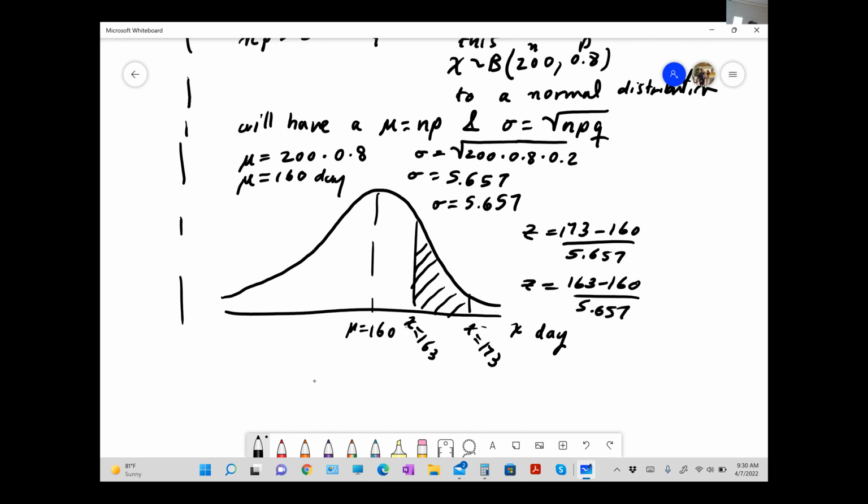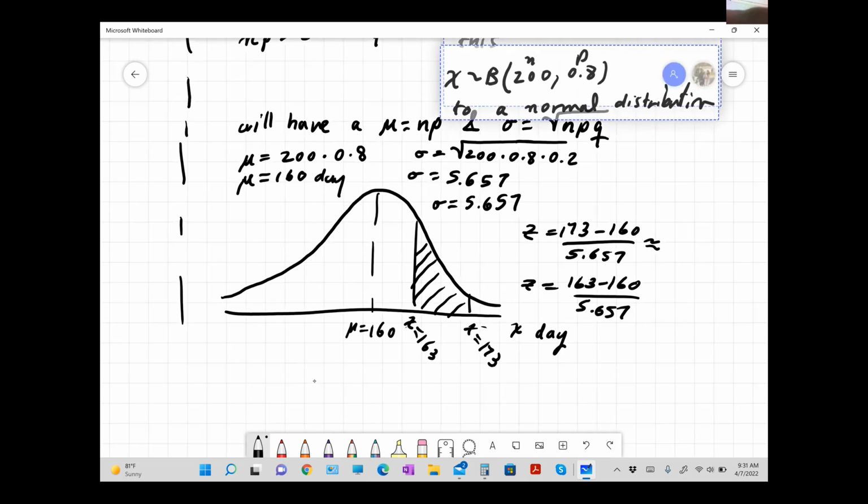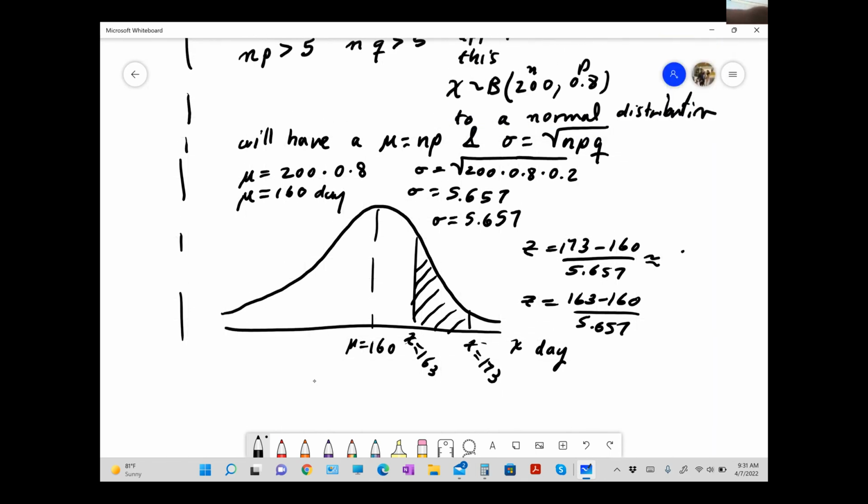The first comes out to 3 decimal places as 2.298. And the other one, 163 minus 160 divided by 5.657, comes out to 0.530.